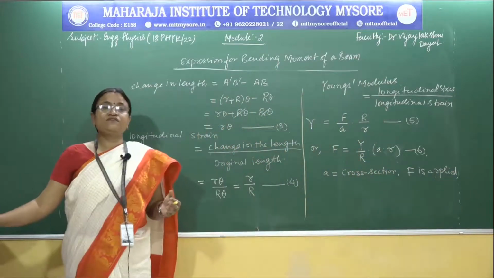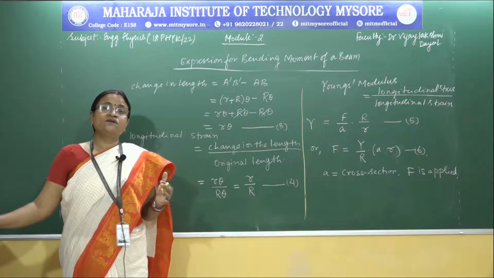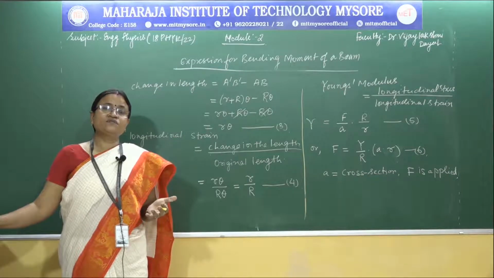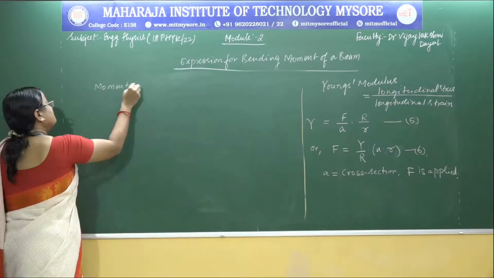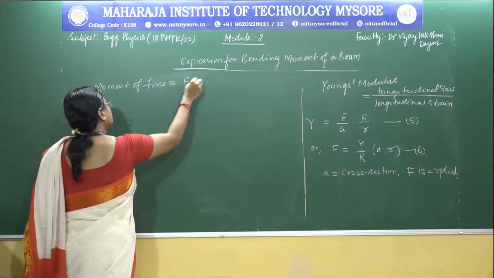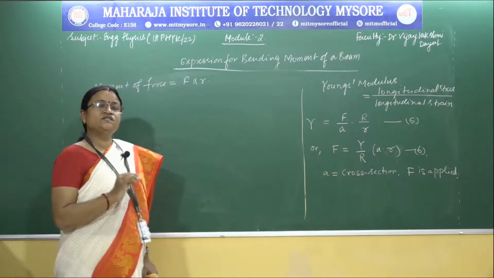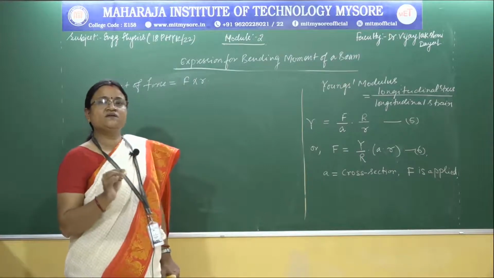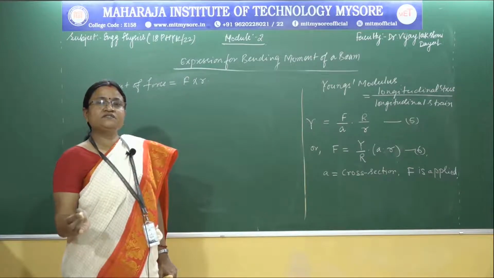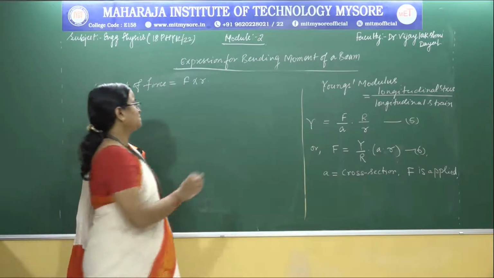So, next we have to find out the moment of force, which is nothing but the bending moment from the neutral axis, which will be equal to the applied force multiplied by the perpendicular distance. Moment of force will be equal to F into r. r is the distance between the neutral axis and the upper layer filament A dash B dash, or E dash F dash, which has undergone a change due to the applied load.